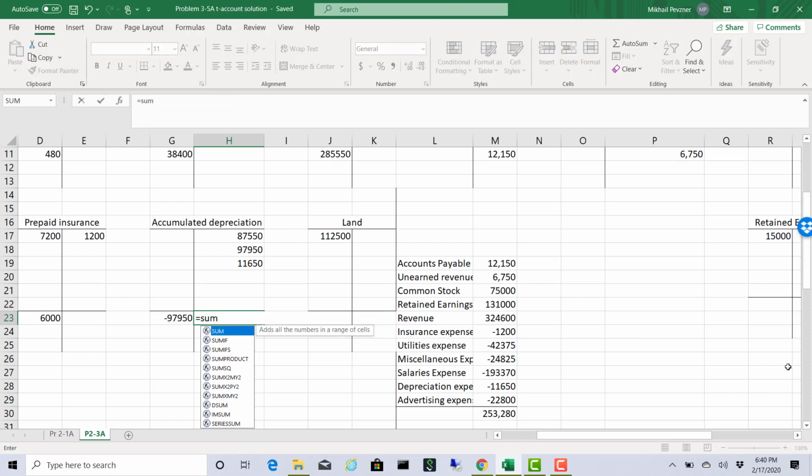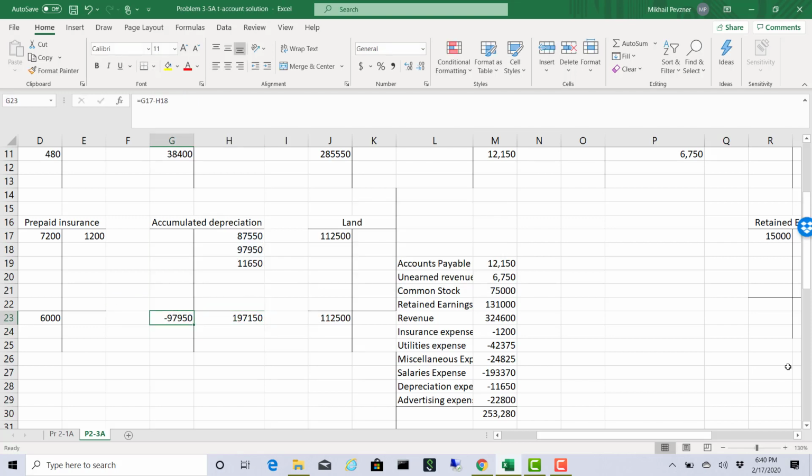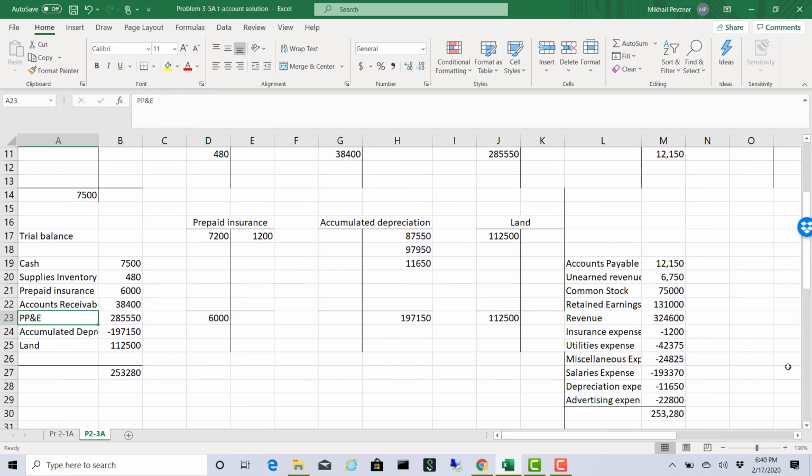something is messed up. So I need to make sure that building depreciation should only be 87,550 and 7,500 credit.